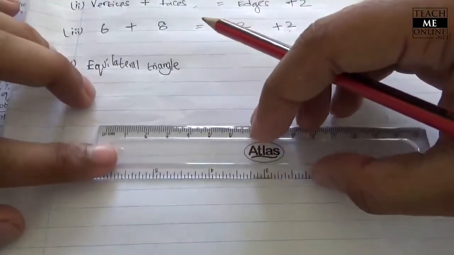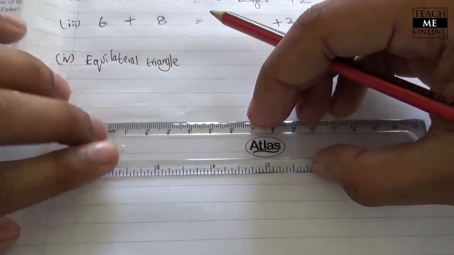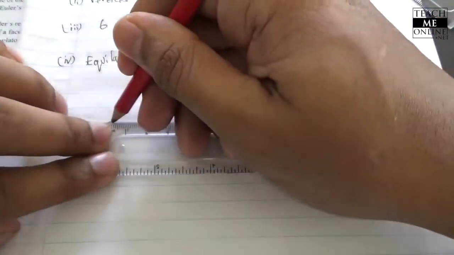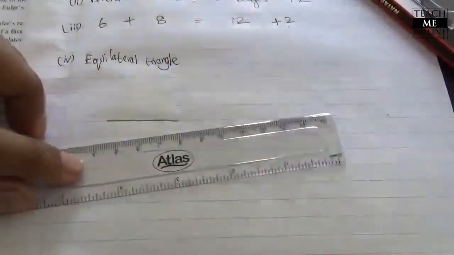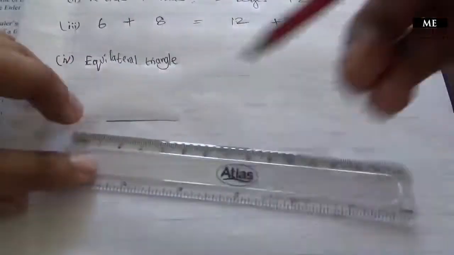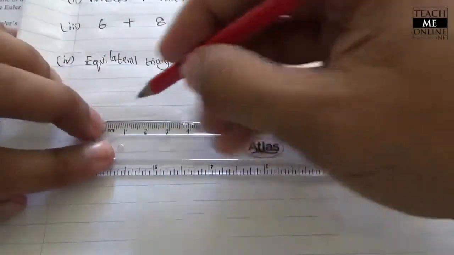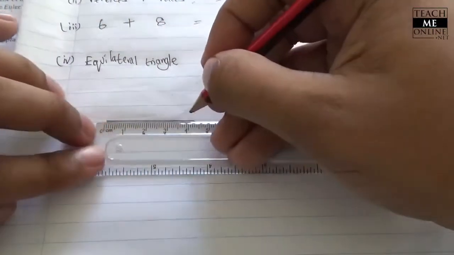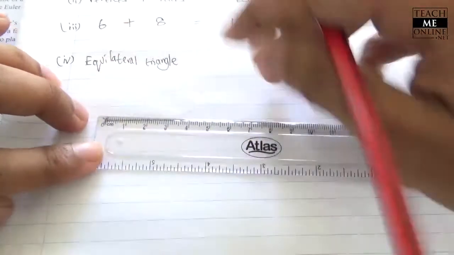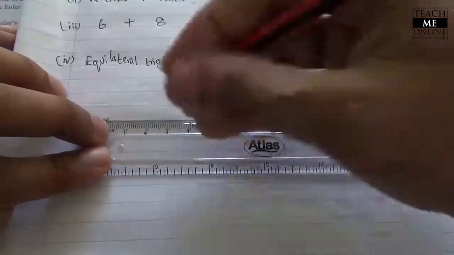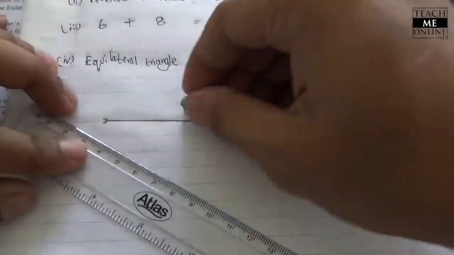So what I can do is take any length and draw a straight line. So here I'm taking a length of 4 centimeters up to here.